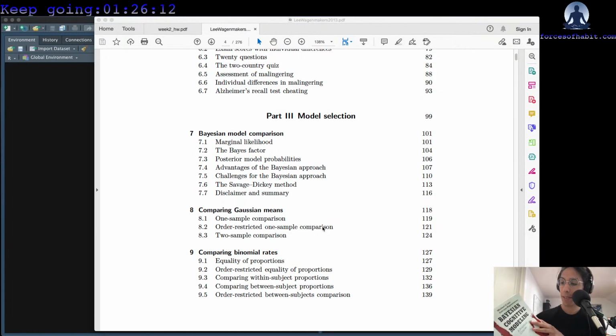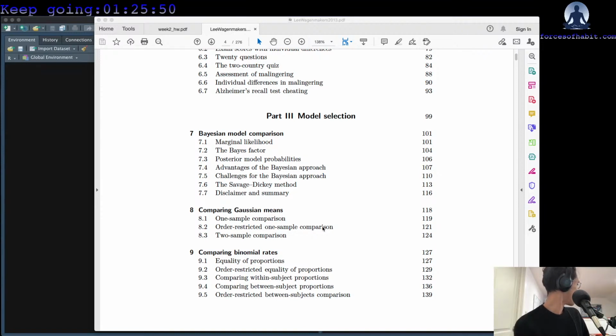So we're going to get back to it, and we're doing it for the whole month of April, or up until I run out of exercises in the book, and then I'll figure out what else I could cover. Probably something also related to cognitive modeling.